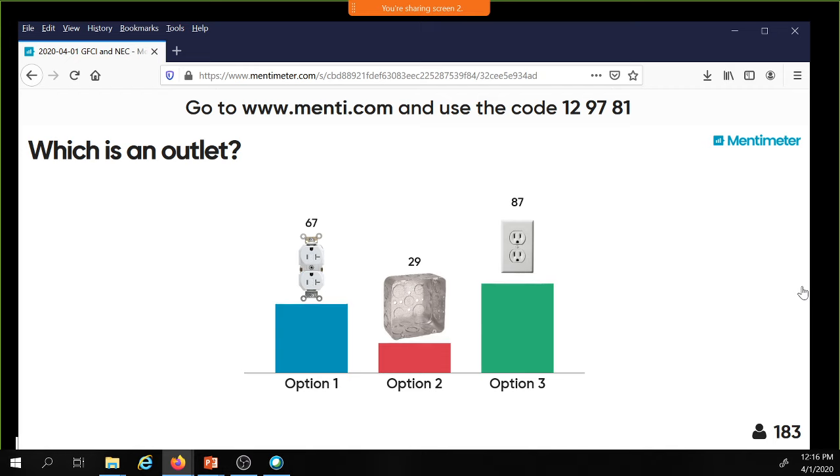Those two are different, and it's important to understand the difference because if you're talking about GFCI protection for a receptacle outlet, you're talking about a specific either option 1 or option 3.